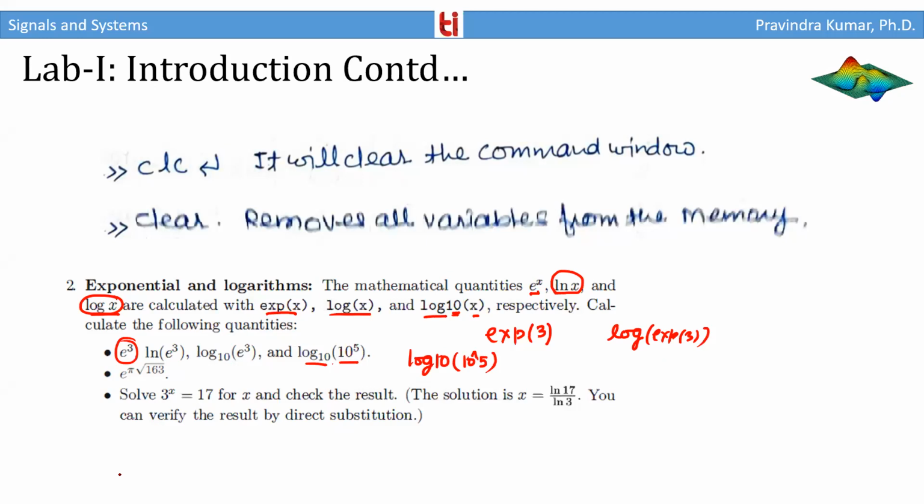You can write this. And e to the power pi under root 163, you can write it as exponential with the variable, and the value is pi into square root sqrt 163.